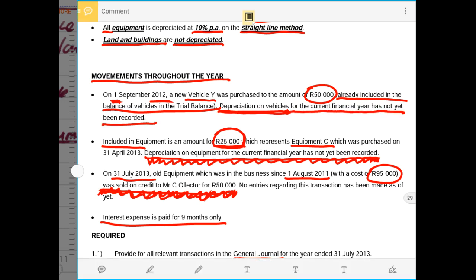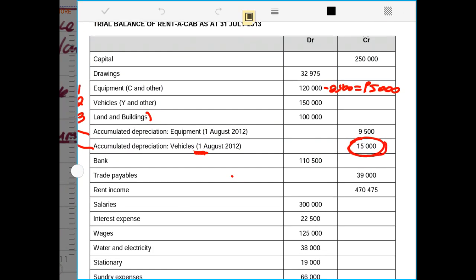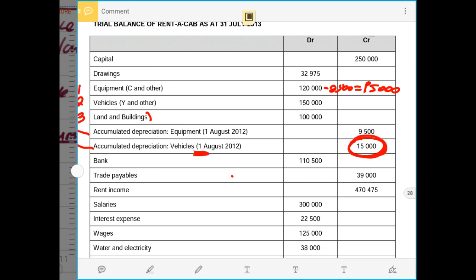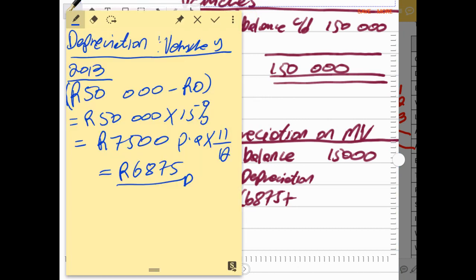So it means the depreciation for the new vehicle is not yet included in that accumulated depreciation on the 1st of August. Hence I can boldly say this 15,000 is the accumulated depreciation only for the old remaining vehicles. So now let me calculate the depreciation for the so-called old vehicles.